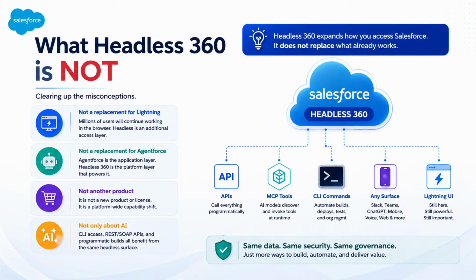And is it only about AI? There are a lot of questions around whether Headless 360 is only about AI, or is it something other than AI as well? The fact is that Headless 360 is definitely not just about AI.